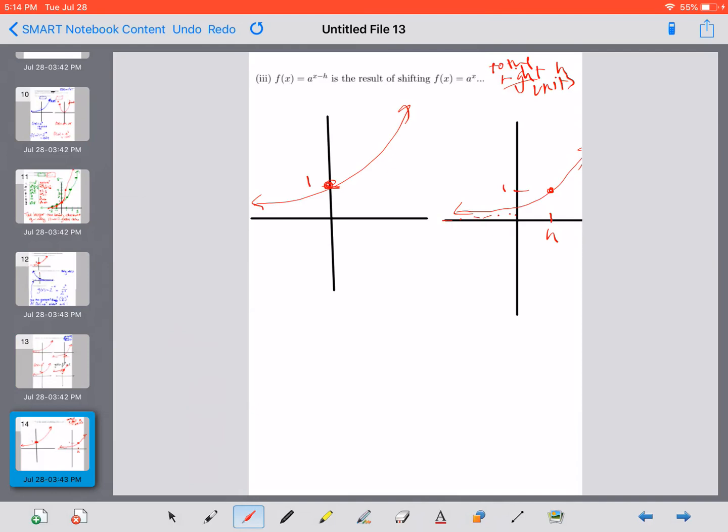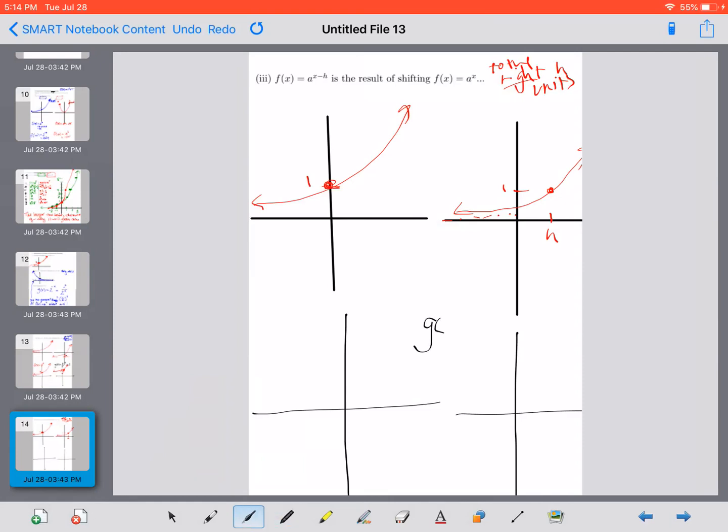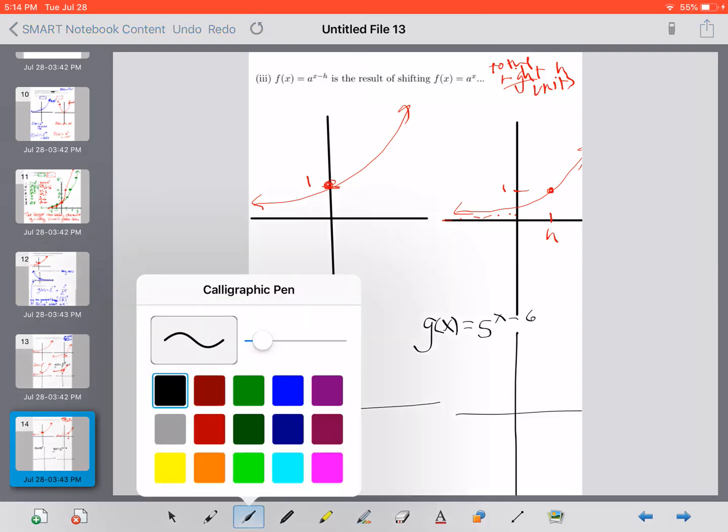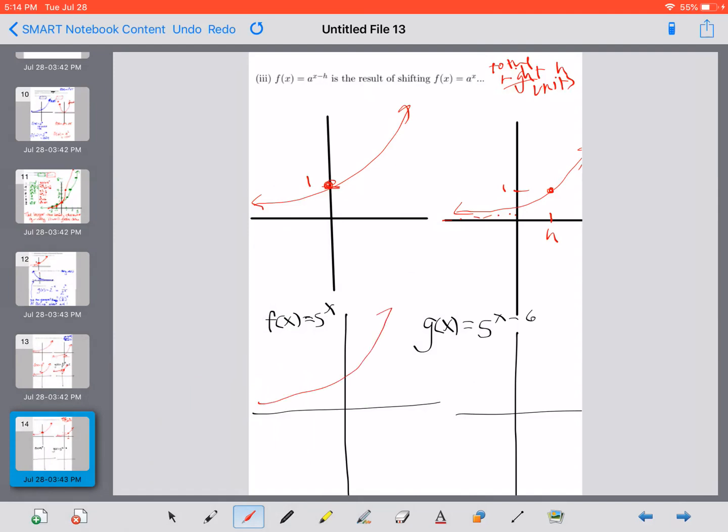Again, let's do a concrete example to make sure we understand how this works. Let's say I wanted to graph the function g of x is 5 raised to the x minus 6. I'm going to start with the function 5 to the x. It has the same general shape as all the other ones that we've seen. It has a y-intercept here at 1 and a horizontal asymptote at 0 as x goes to negative infinity.